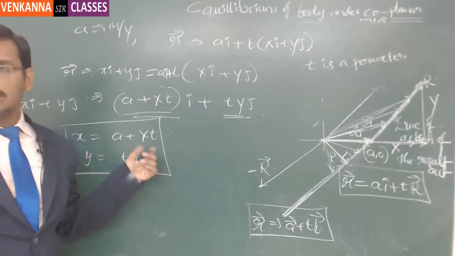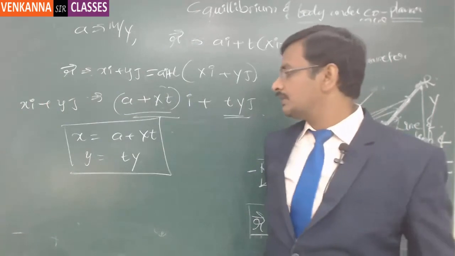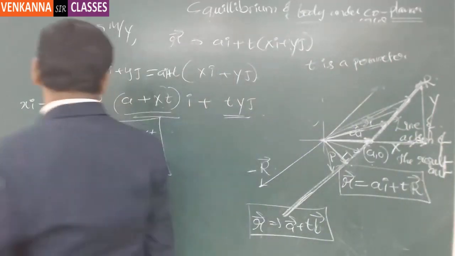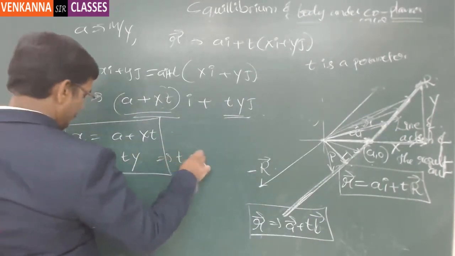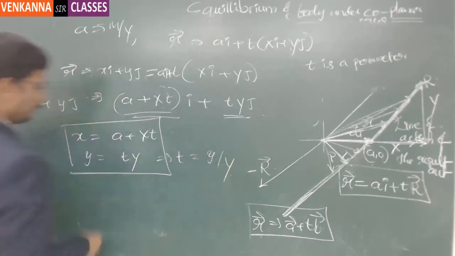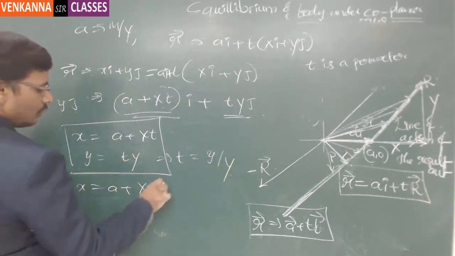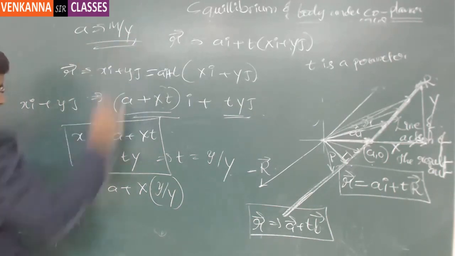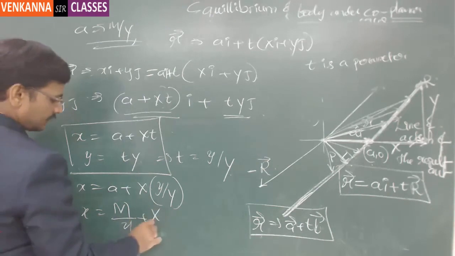Now, if you want to put it in the Cartesian form of the straight line equation from the vector equation, then you can eliminate this t by putting in the known values. So t is equal to y by capital Y, and if I replace that, x is equal to a plus capital X into y by capital Y, and this a value you can identify as m by Y. So x is equal to m by Y plus X by Y times small y.